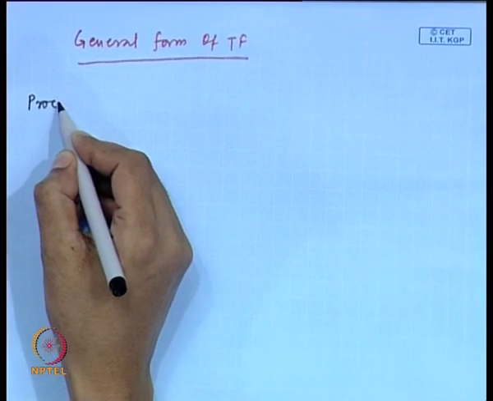So, an nth order system we will represent by a linear ordinary differential equation. I mean, the process we will represent by an nth order ordinary differential equation in linear form.